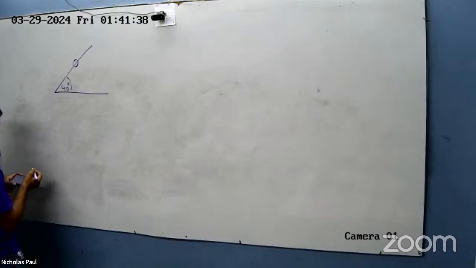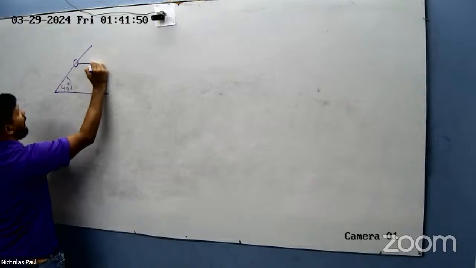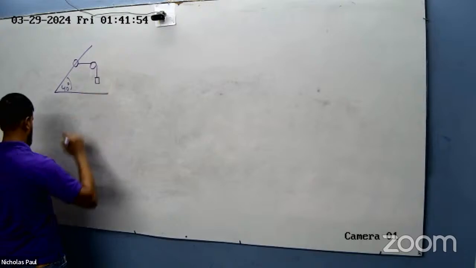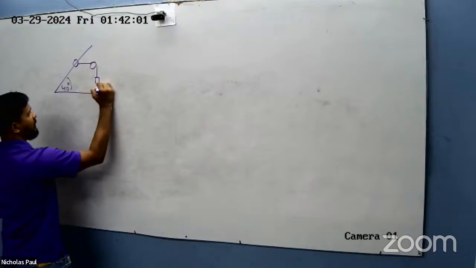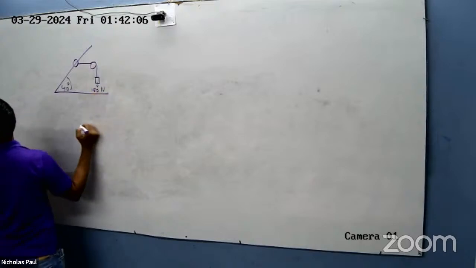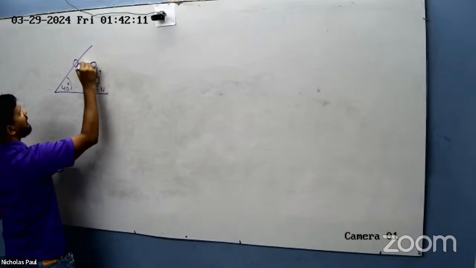The string passes over the smooth pulley and is attached to the ring at one end, and attached to object Y at the other. Object Y has a weight of 150, with tension here and tension here.